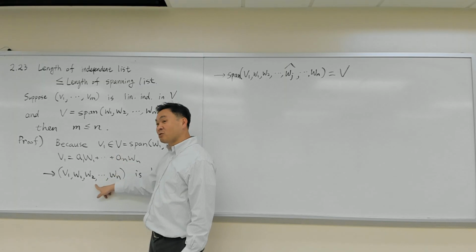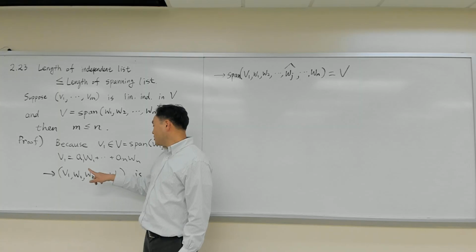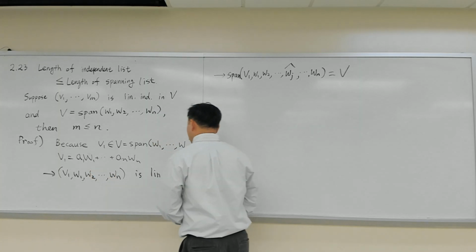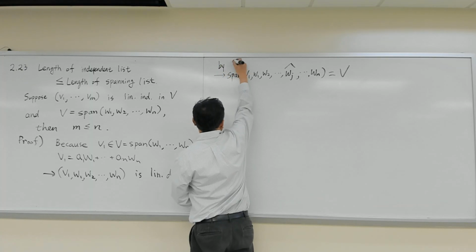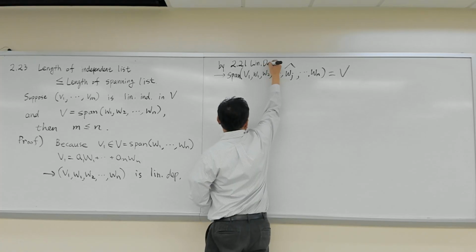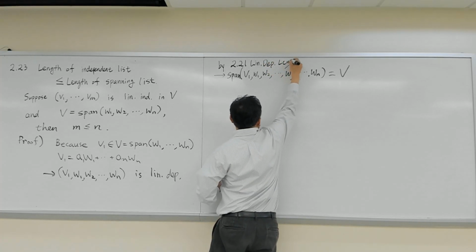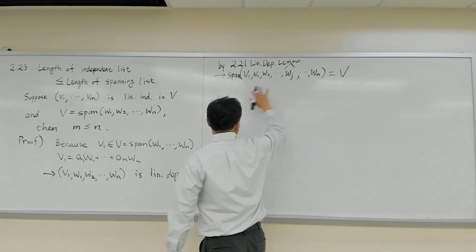So this will give you the entire vector space. Because of the linear dependence lemma, 2.21, you can take out something, and the span is still the same.